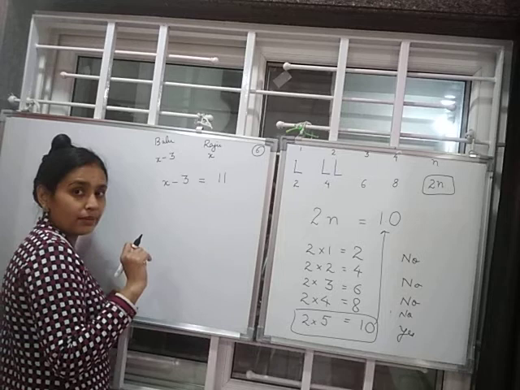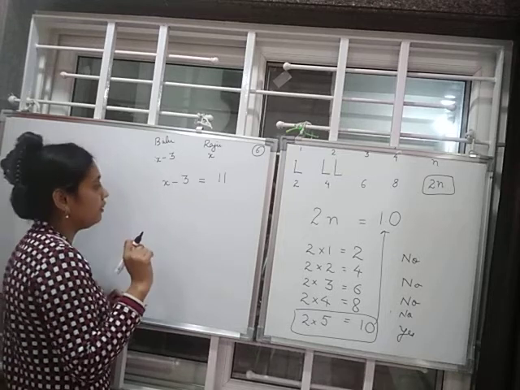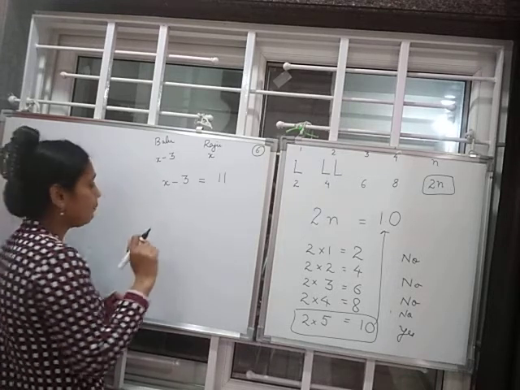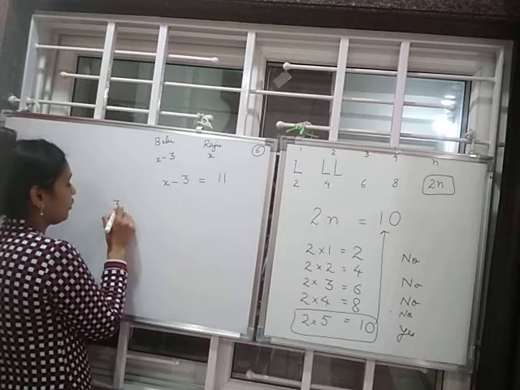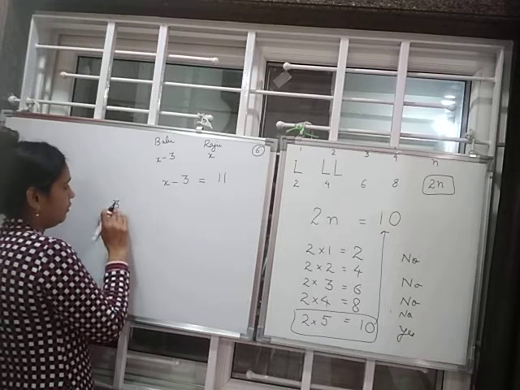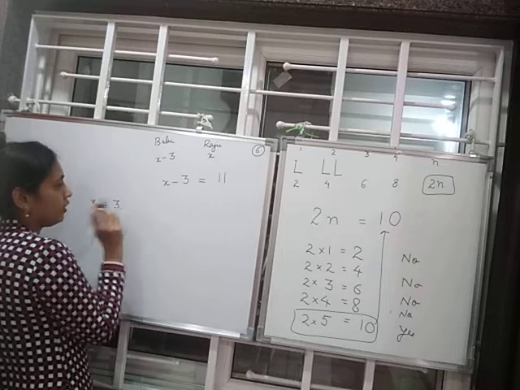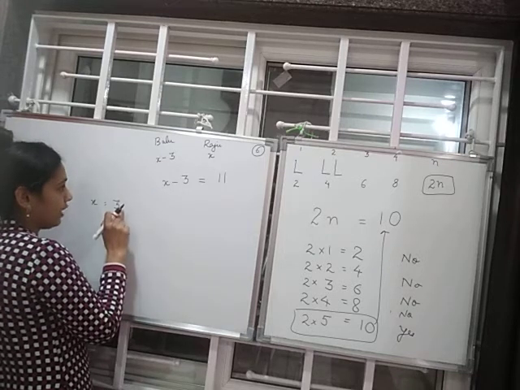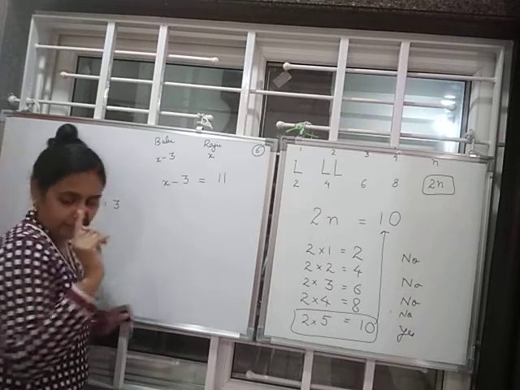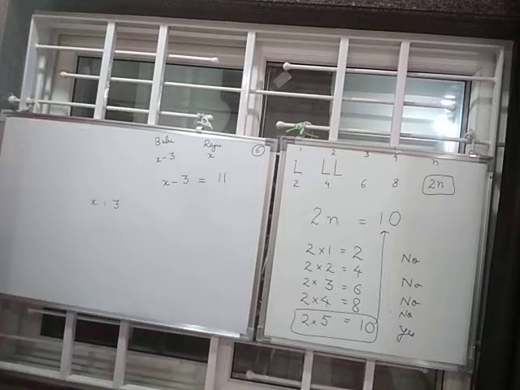Then there is a table, children. There is one table which we have to complete for the values of x. Wait, let me see what is written here in the book. One minute.